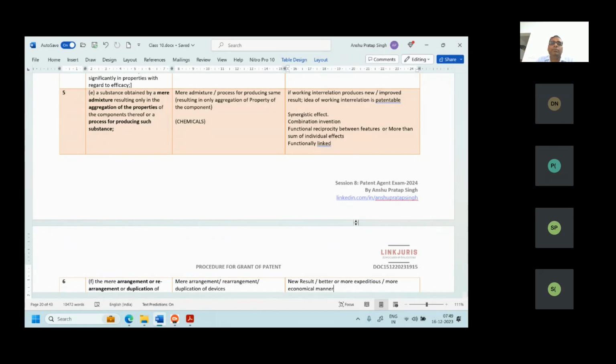Okay. Now, an example of this: you have paracetamol, and paracetamol, everyone knows, is an antipyretic. And then there is ibuprofen, which results in pain relief.